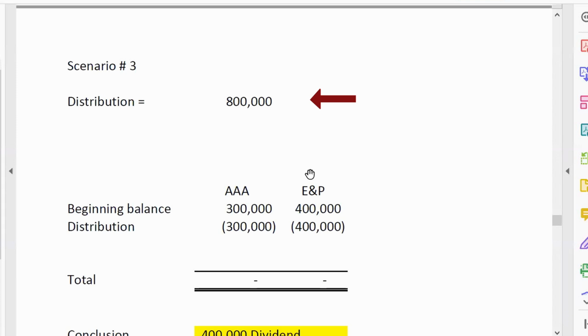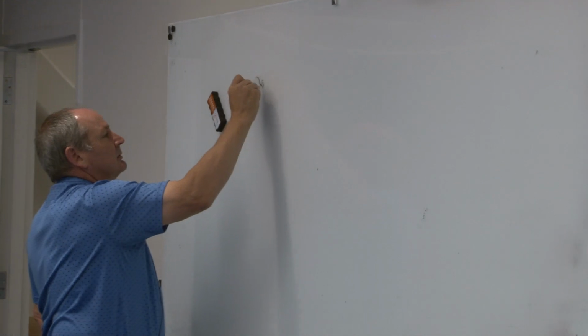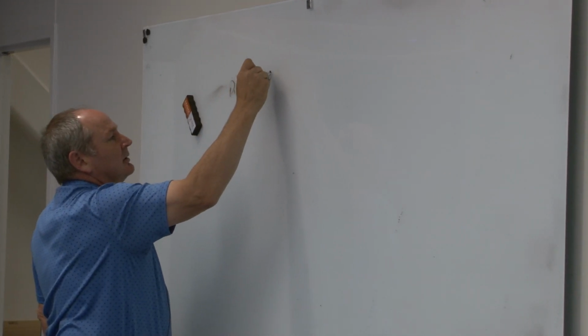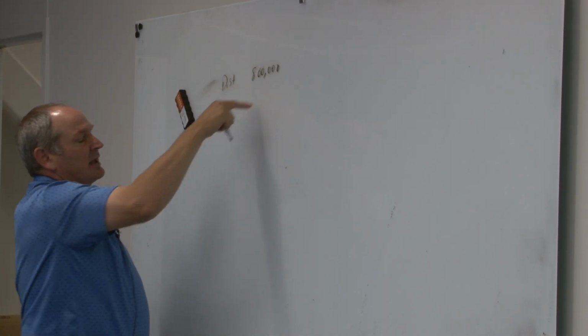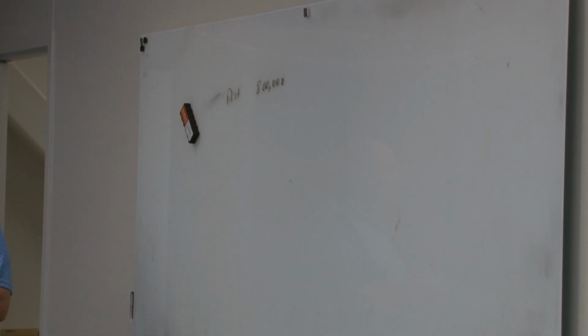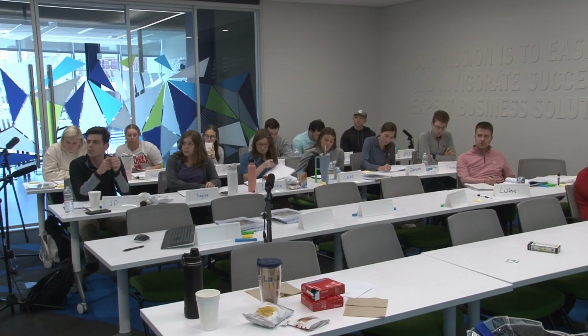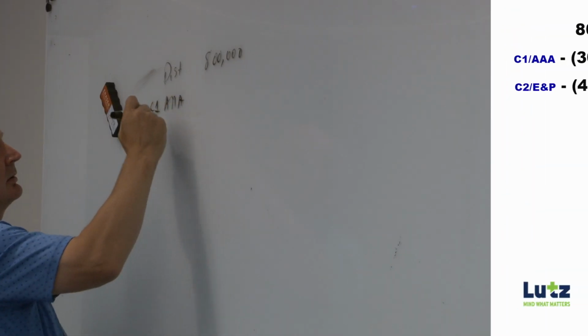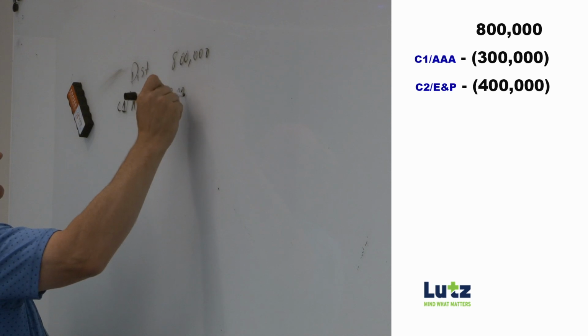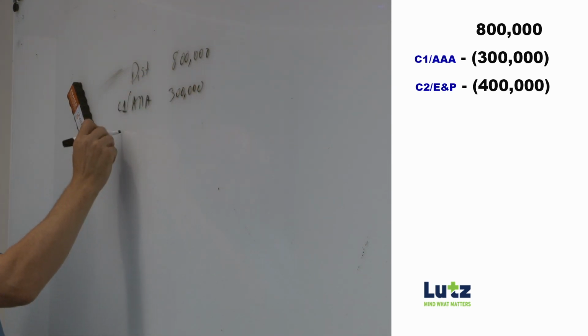at the shareholder level. So if I have AAA, or excuse me, I have a distribution of what? 800,000. So now I have to categorize how that 800,000 is going to be segregated for provision purposes. How much is my AAA? 300. So AAA, which is C1, is 300. What's C2?